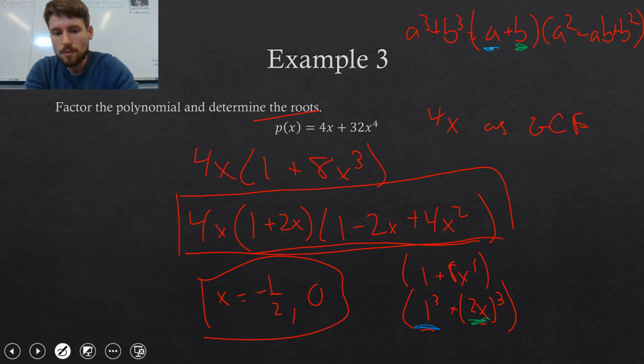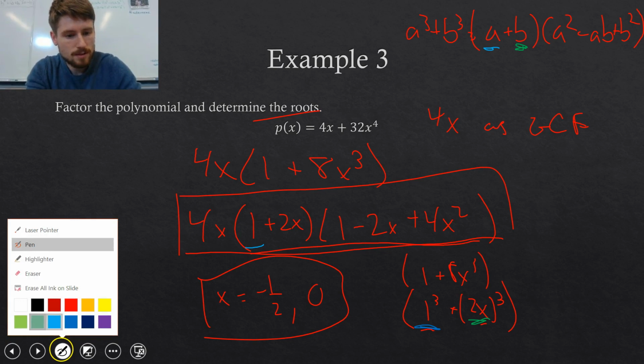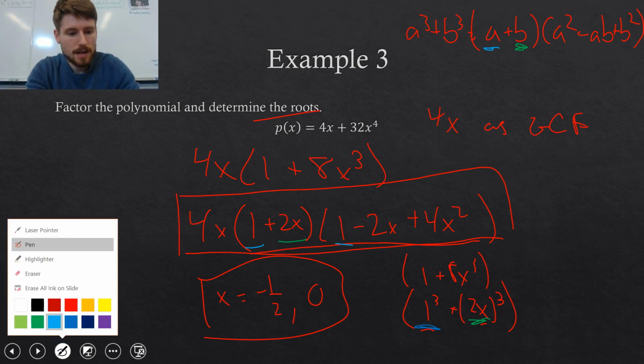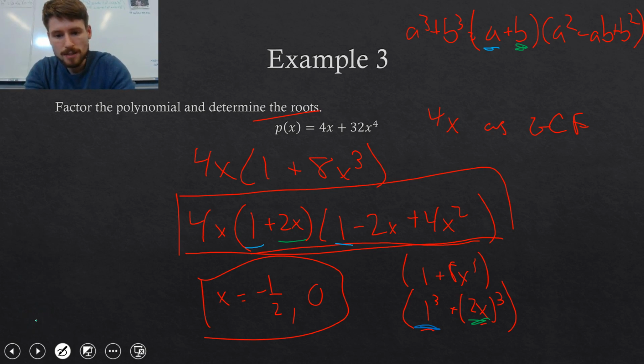Okay, and so we're going to get 1 plus 2x, a plus b, and we have a squared, 1 squared is 1. We have minus ab, so minus 2x times 1, it's minus 2x.